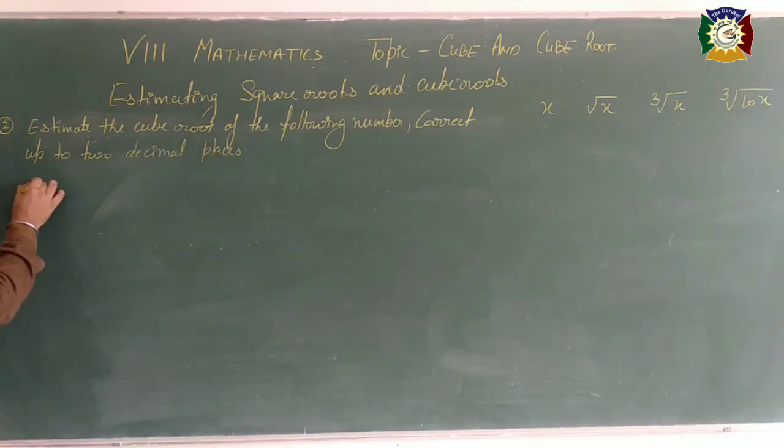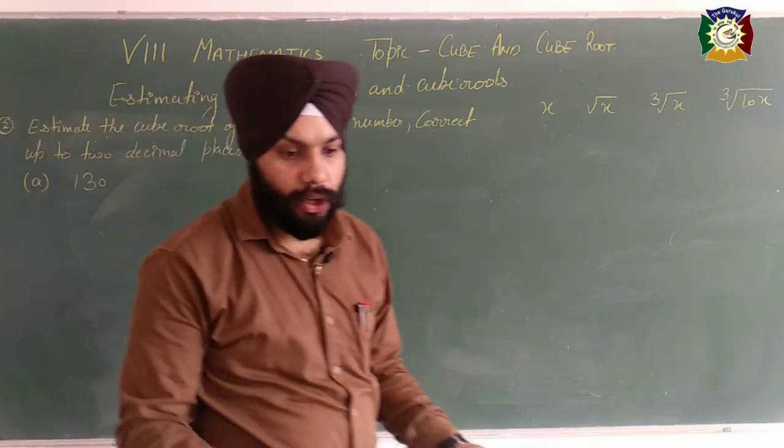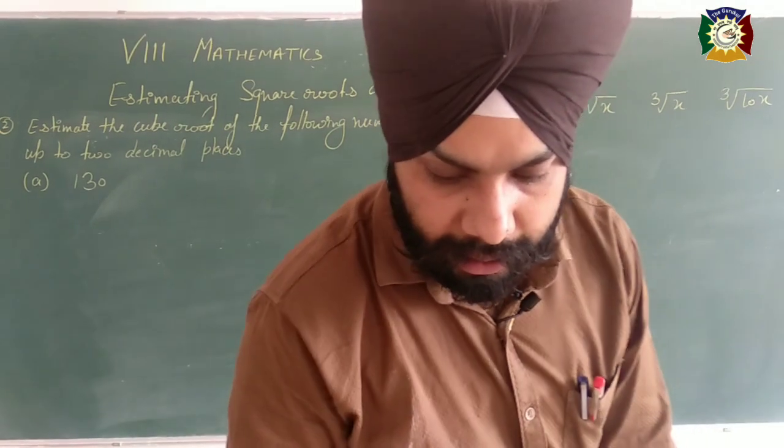The A part is 130, and we have to find the cube root of 130.